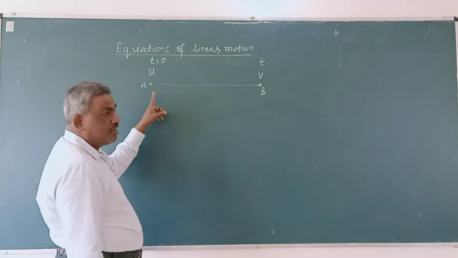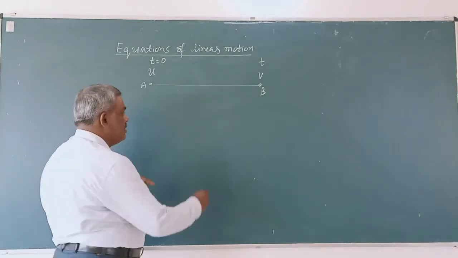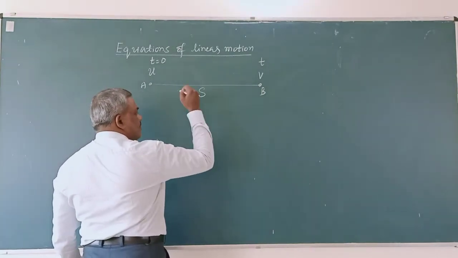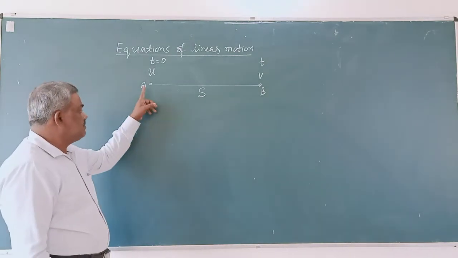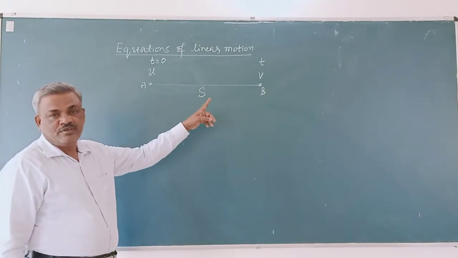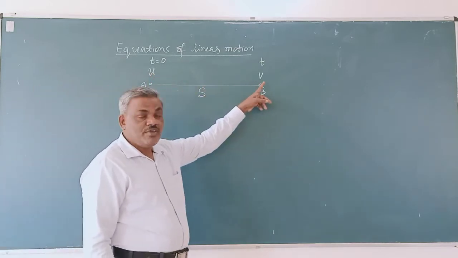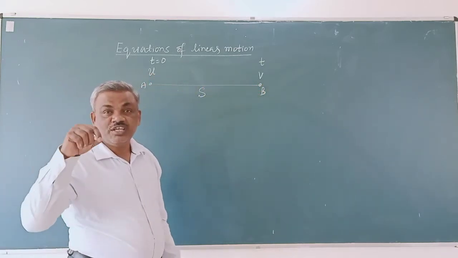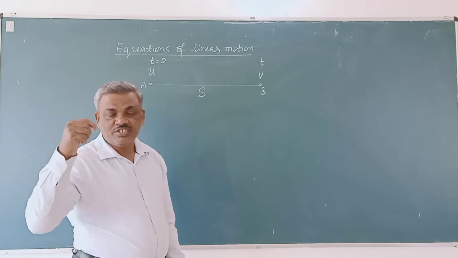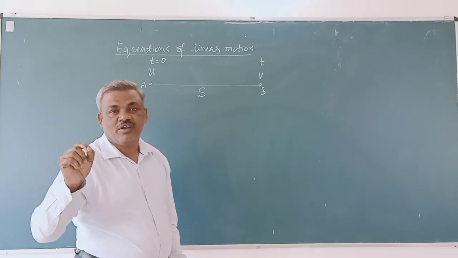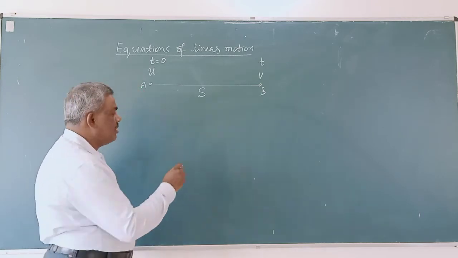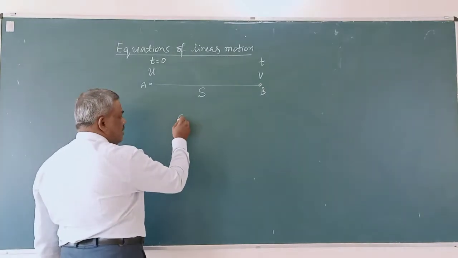Now the body travels from A to B at a distance S. S is the distance between A and B. U is the initial velocity, V is the final velocity. Change in velocity divided by time taken is called acceleration. The acceleration symbol is small a.